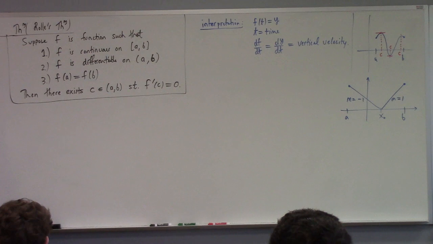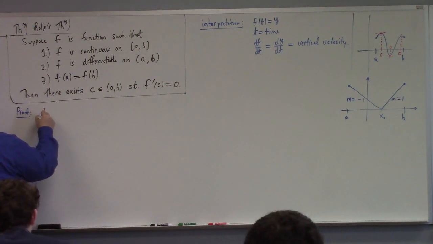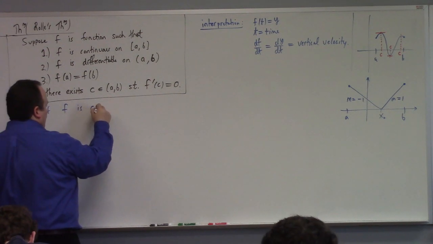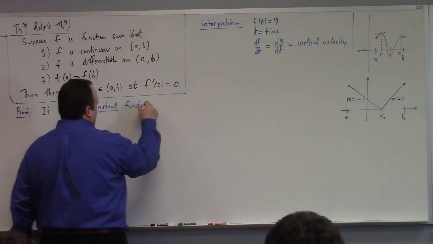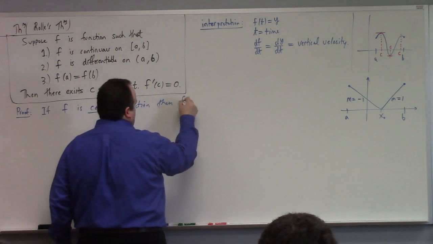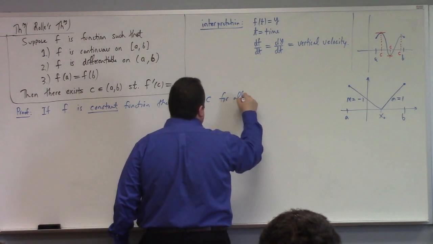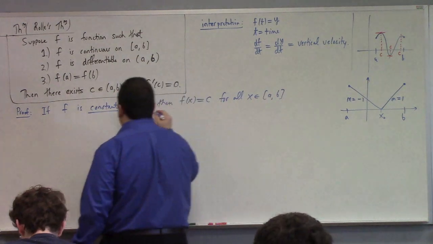Okay, so my proof, I have a hint. You guys are going to have to help me out with the proof here. If f is a constant function, then f of x is just equal to c for all x in a to b.